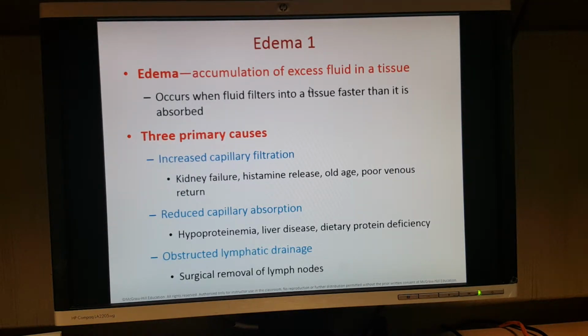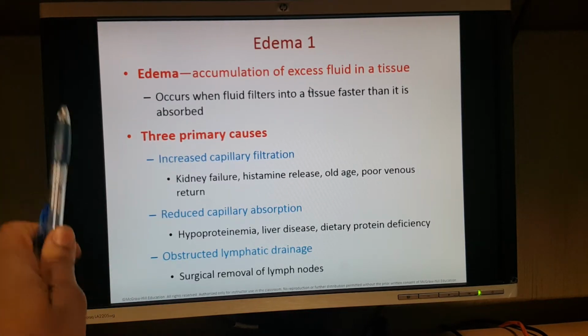Another cause can be reduced capillary absorption, so with hypoproteinemia. Sorry, no, that's the wrong way.